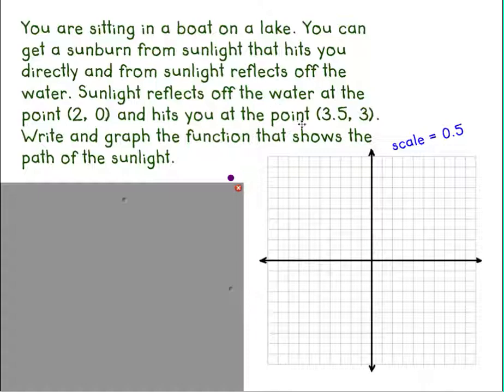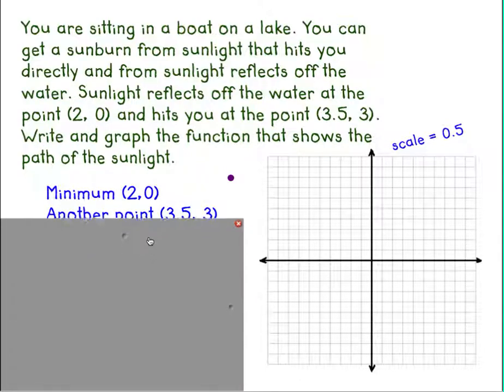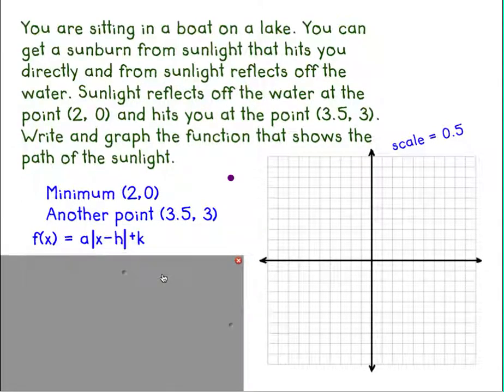So remember, we did this just kind of briefly with the quadratics. You've got 2 points really. You have the minimum, because if you think about it, the sun's going to come down somehow and then bounce back up to hit you. So we've got this minimum at 2, 0 and another point at 3.5, 3, and you're going to use that in the absolute value function of the general form.